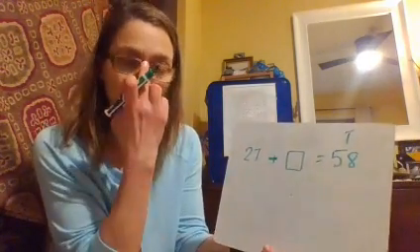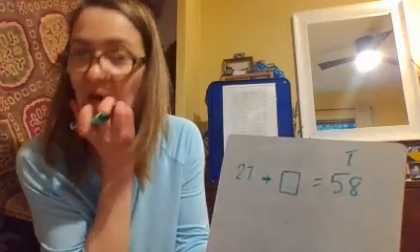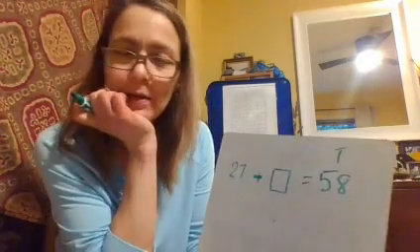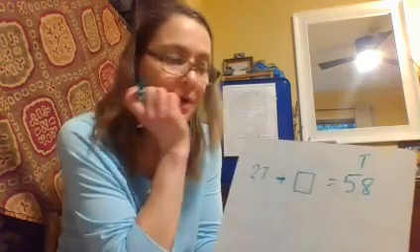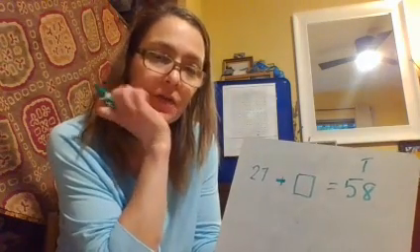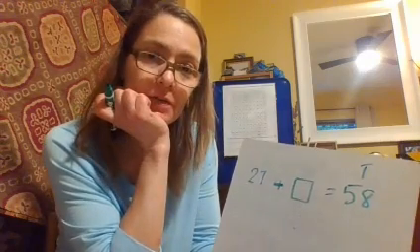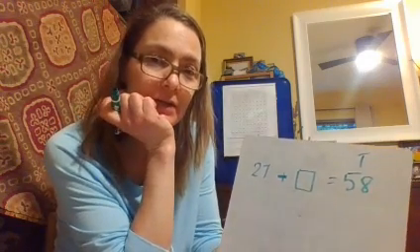So remember, you have to listen carefully, circle the numbers in the word problem, and then think about what they are asking you to do. Putting it all together, looking for the change unknown, or looking for the change at the start. Okay?